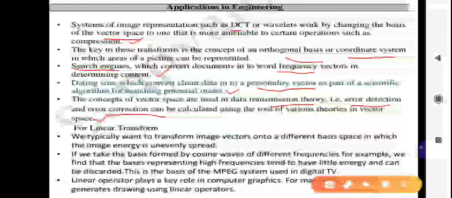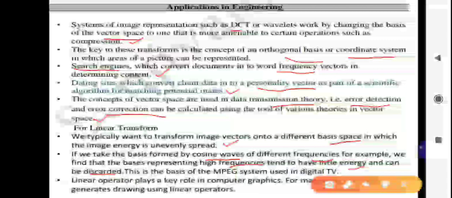For linear transforms, we typically want to transform image vectors onto a different basis space in which the image energy is unevenly spread. If you take the basis formed by cosine waves of different frequencies, for example, we find that the bases representing high frequencies tend to have little energy and can be discarded.